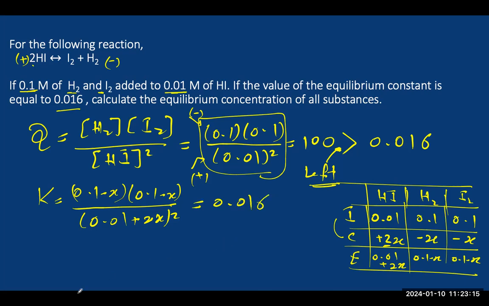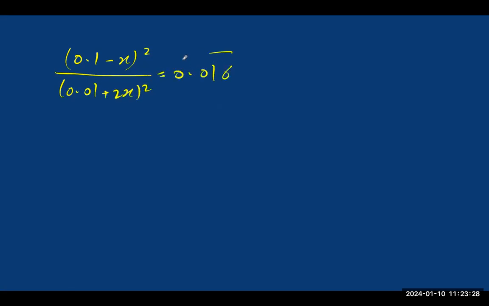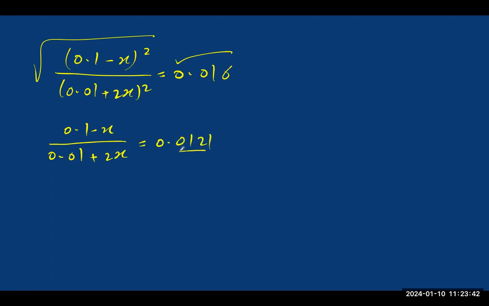We will solve it as we did before. So I will put 0.1 minus x to the power of 2 over 0.01 plus 2x to the power of 2 equal to 0.016. Then I will take the square root to remove the square. So it will be 0.1 minus x over 0.01 plus 2x equal to 0.0121.